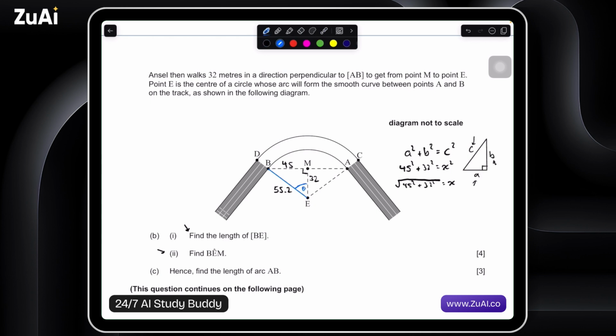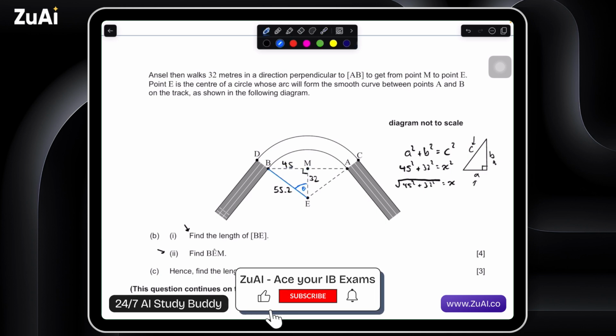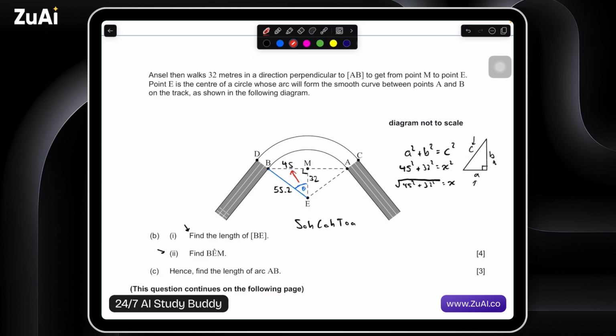Okay, so BEM. Since we have a right angle triangle right here, we should be able to use SOHCAHTOA, or just our trig ratios. Any of these should work, but since we have this 45 as an exact value, we have the opposite, and we also have the adjacent side.